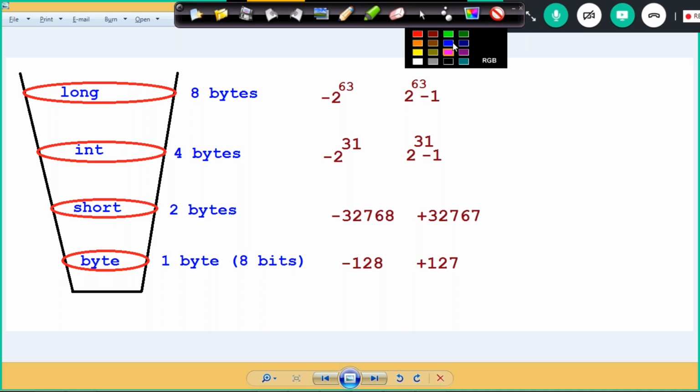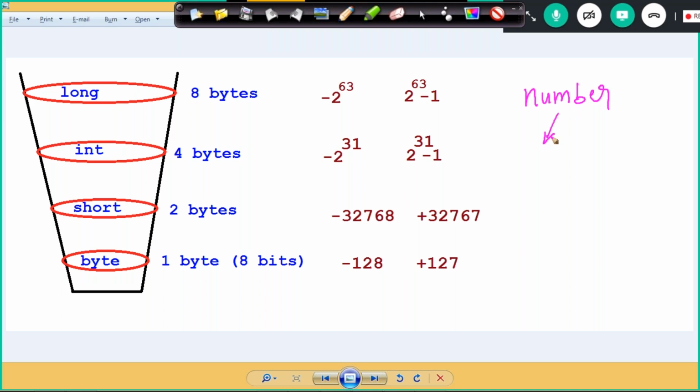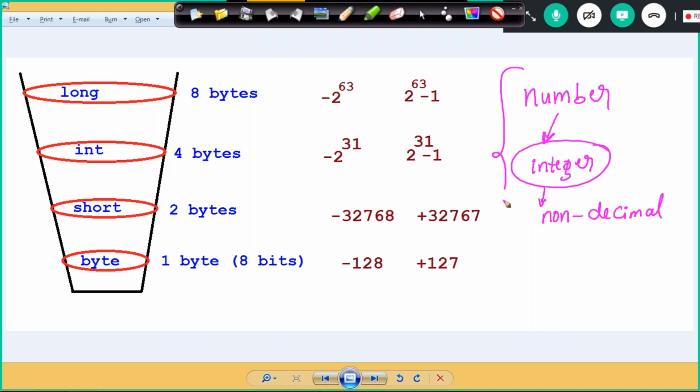To store a data which is a number, an integer number. What is the meaning of integer number? A non-decimal number. To represent a non-decimal number, that is nothing but integer number, we have 4 data types.